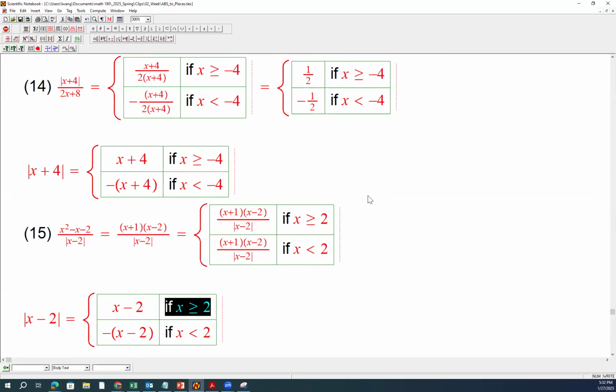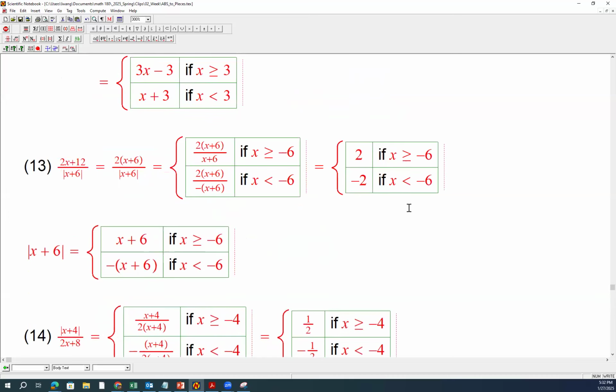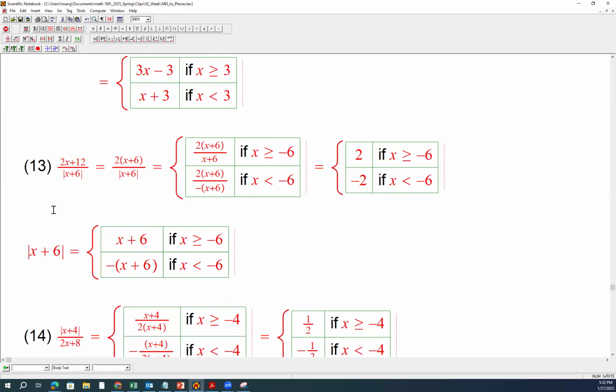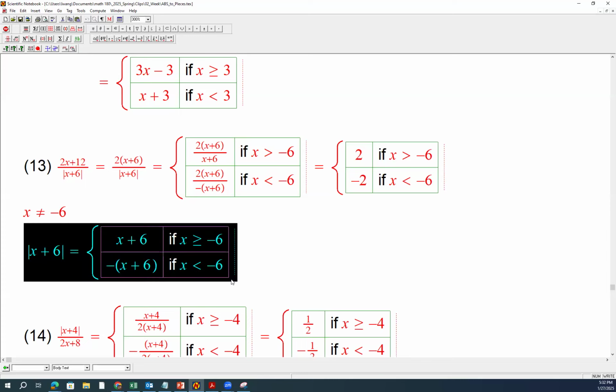I need to indicate the domain. I'm so sorry. Domain: x cannot be negative 6. So this should be greater than negative 6, and this one is greater than or equal to negative 6. This one is correct.